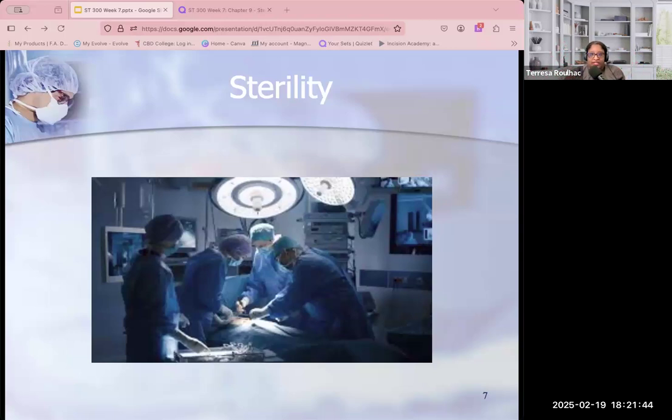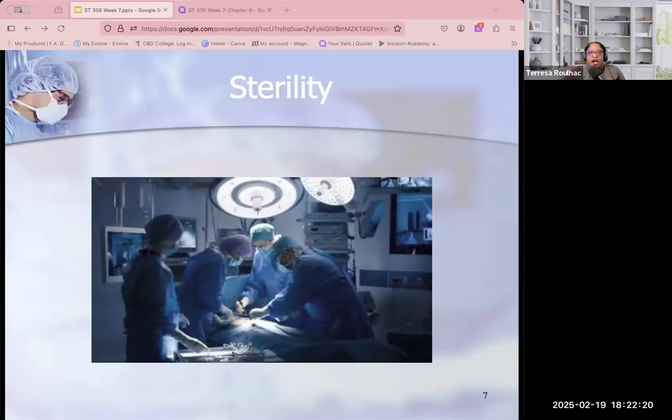Now, we break down sterility. When an object is sterile, it is completely free of all living microorganisms, including spores. Sterility is an absolute state, and that's why skin cannot be sterile. It's either an item is sterile or it's not, point blank. Sterility is maintained by aseptic technique, which makes sure that no contamination occurs during handling, transport, or use.